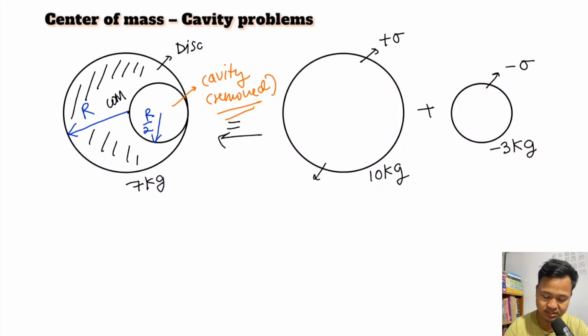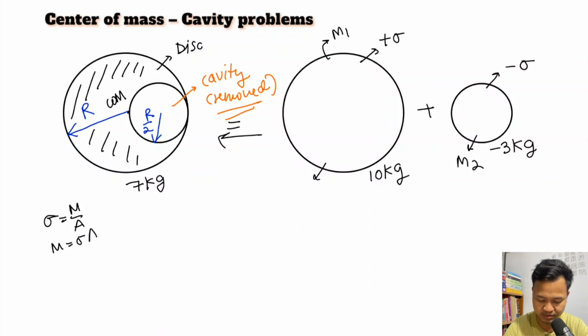So what will be the mass of this one? Sigma is the mass per unit area, the surface mass density. Let's say the mass of this is m1, and this is m2. So the mass m1 will be sigma into the area of this.